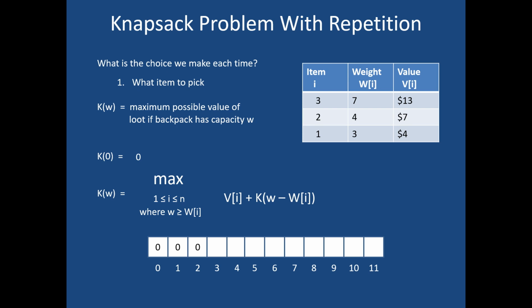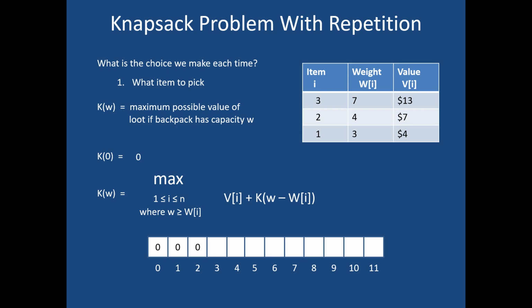Now, what's k of 3? Pretty definite. So which i's can we work on here? One. Right, the only i to consider is 1 because 2 and 3 are still too big to fit into a knapsack of this capacity. So all we're considering is this. We've got to take the max of one thing, which is easy. So it's the value of 1, which is 4, plus k of, what's this? 0.